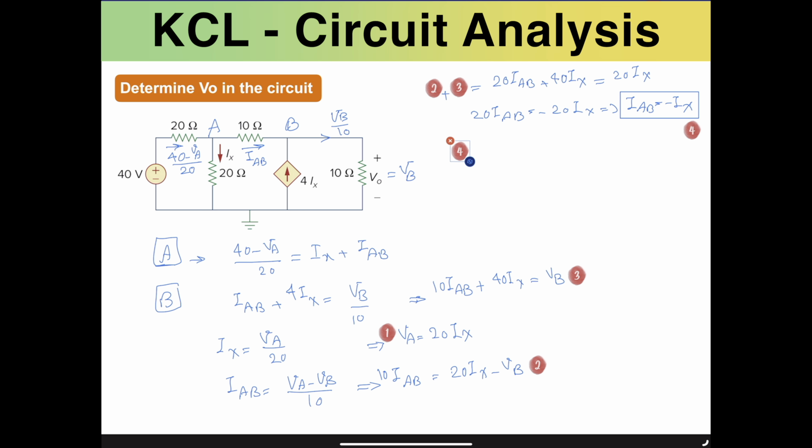Equation number 4 is going to be used in equation number 3. In doing so, 10 IAB, it would be minus Ix, plus 40 Ix equals VB, but essentially it is 30 Ix. So this is the next equation that we have arrived at, and let's call it equation number 5.